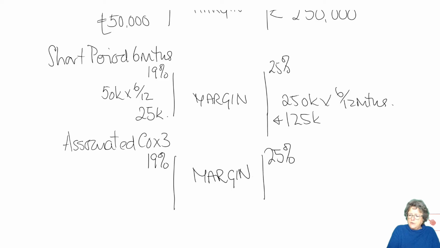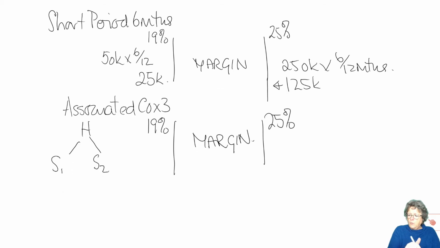But what we have to do, so say we've got a holding company and subsidiary number 1 and subsidiary number 2, this is our 3 associated companies. What we would then do is divide that £50,000, which is the rate, by 3, which would give us 16,667.